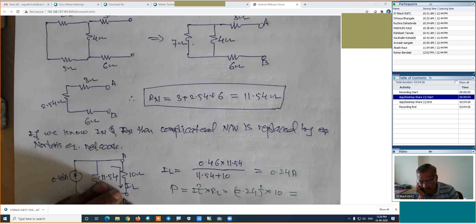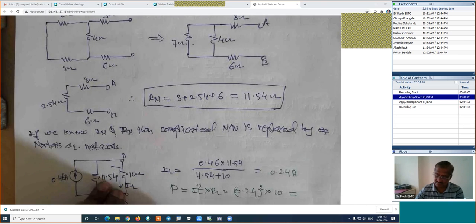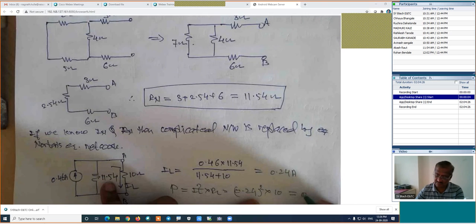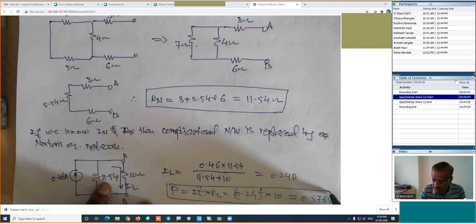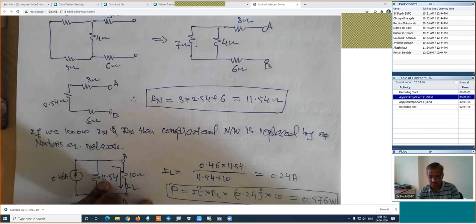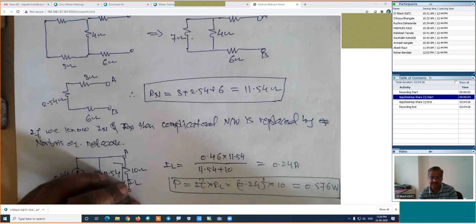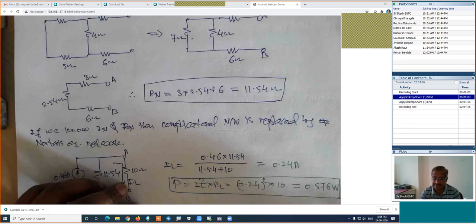How much is the power delivered to the load? 0.576 watt is the power transferred to the load or power delivered to the load, and thus we have calculated by using this theorem, which is nothing but Norton's theorem.